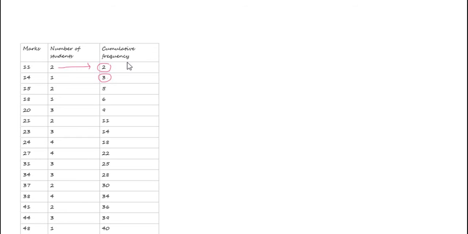Now how to calculate the median here? Same way as we calculated earlier, that is median equal to the 20th value, because in total we have 40 values, so the n by 2th value, plus the 21st value, divided by 2. Now for the 20th value, here it is 18, afterwards 22.